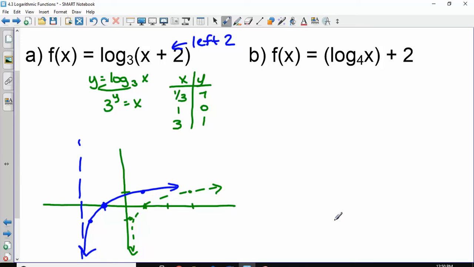It will look like that. What's the domain? Goes down to -2. The range?